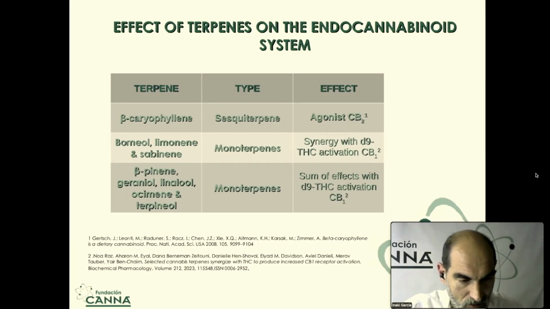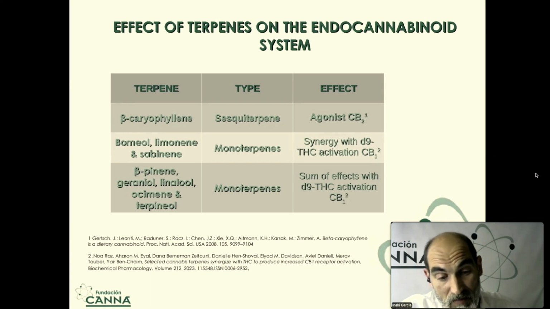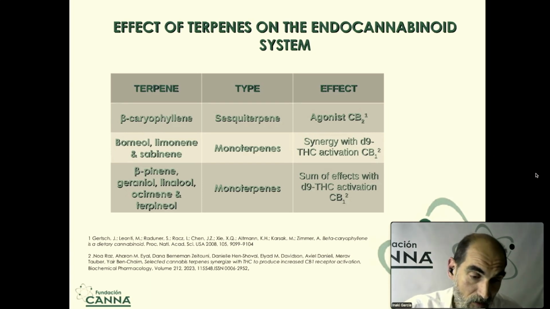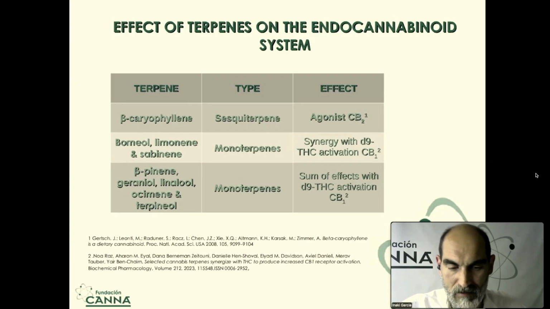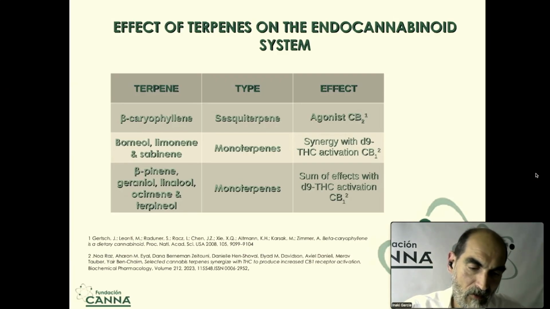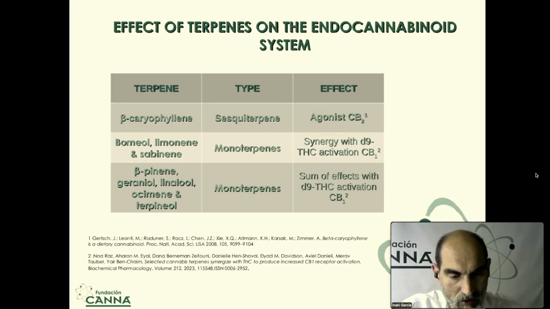Okay, for example, here we have limonene, which is a monoterpene. Of course, these are in vitro studies, but well, they give us good quality information about what could happen in the human body when we take these cannabinoids or terpenes.